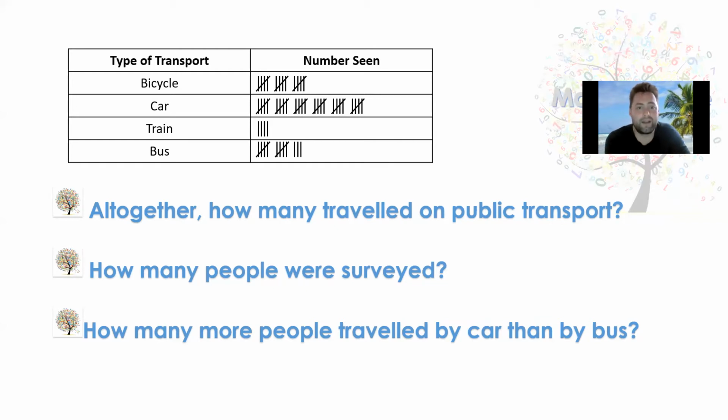And then we've got another 15 to add on. So that would give us 62. How many more people traveled by car than bus? Well, bus, we had 13 people traveling. And in car, we had 35. So the difference between 17 and 35 is 18.